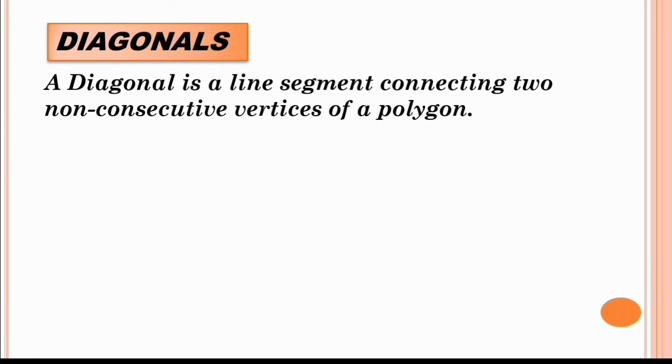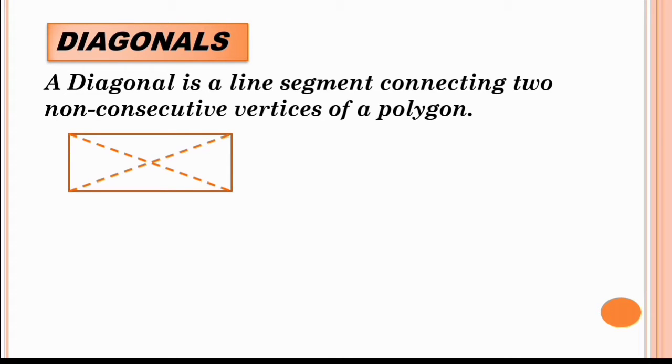Let's see what a diagonal is. A diagonal is a line segment connecting two non-consecutive vertices of a polygon. Look at this rectangle, students. This one is the first diagonal, which is connecting two non-consecutive vertices. And this one is the second diagonal of this rectangle.